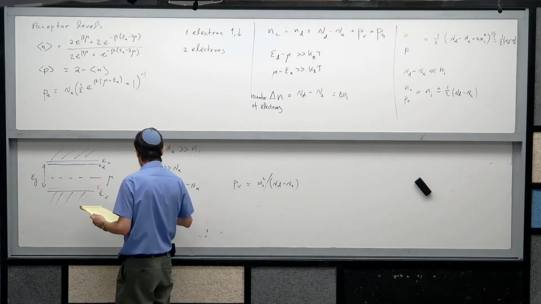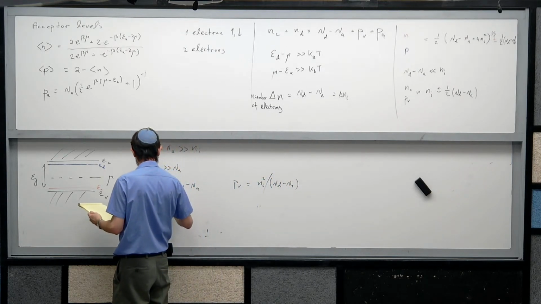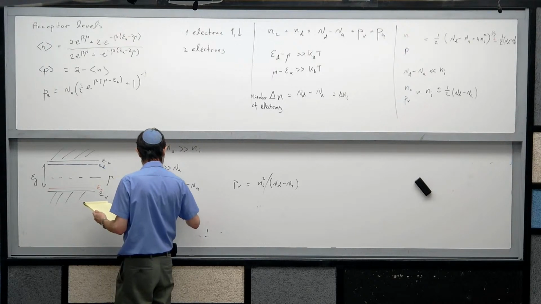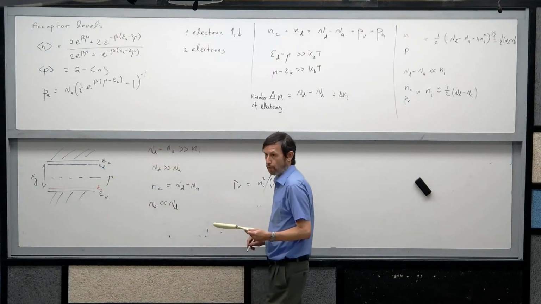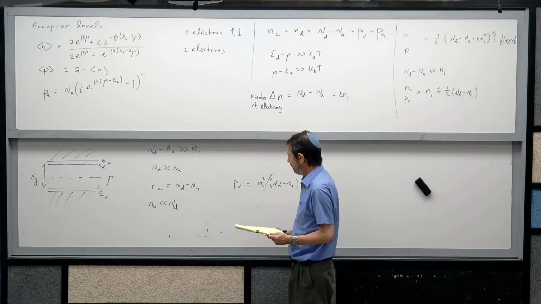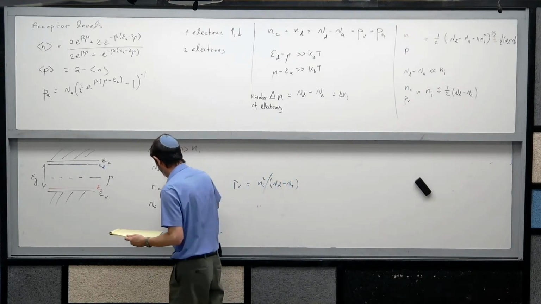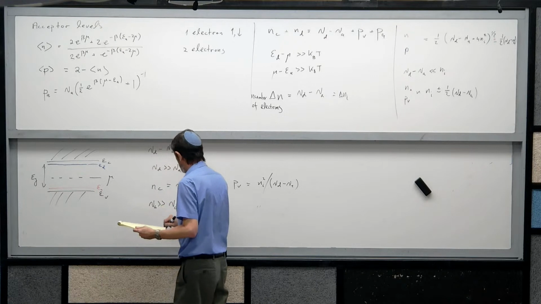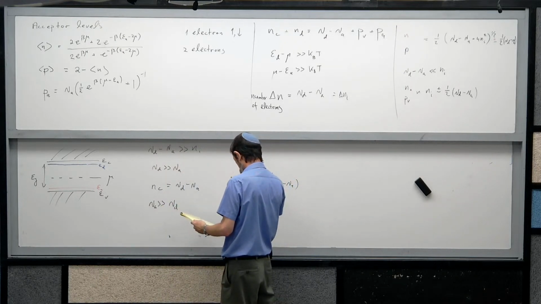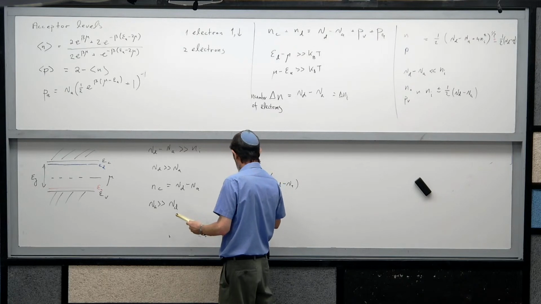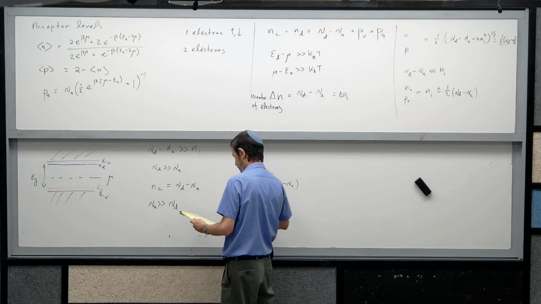Or if I have much more acceptors, then PV will be equal to NA minus ND.